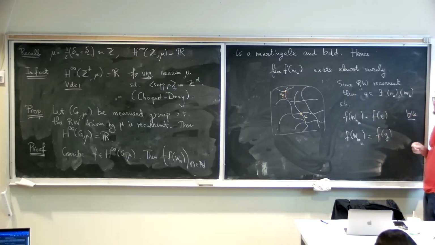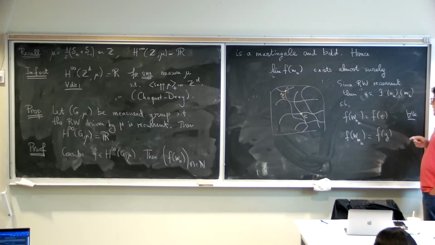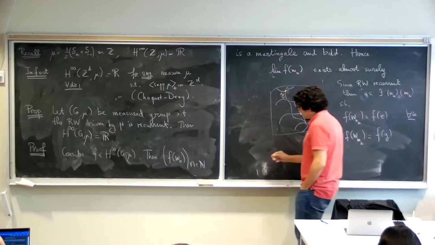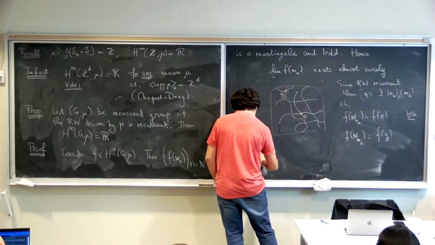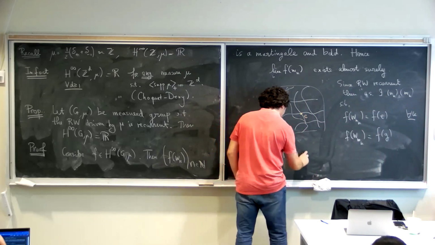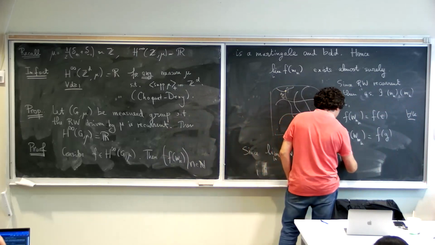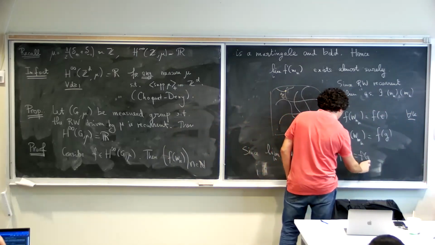But the limit exists, so these two values have to be the same. Since the limit exists, we have f of e equals f of g.